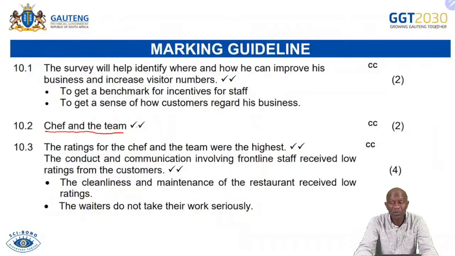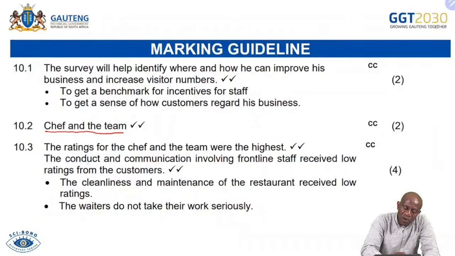Another fact would be the conduct and communication involving frontline staff received low ratings from their customers. So their conduct and behavior made them miss the incentive because they were rated in the region of 24, the other one at 30.